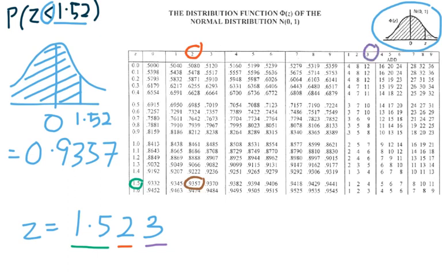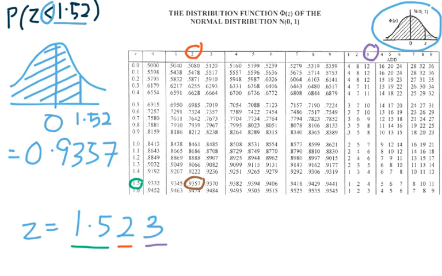We need to look in the number 3 column, but we can see that there are so many values: 12, 12, 12, 11, 11, 10, 10, 9, 8, 8, 7, 6, 6, 5, 4, 4, 3.